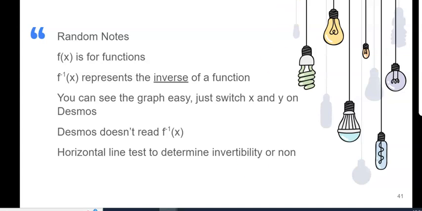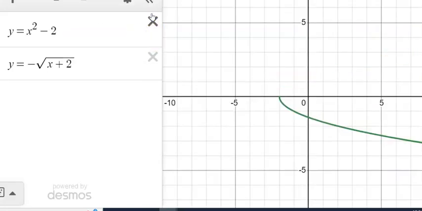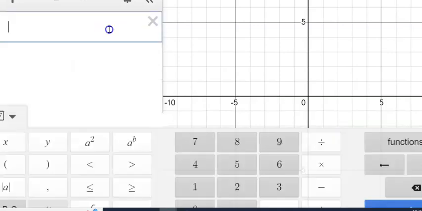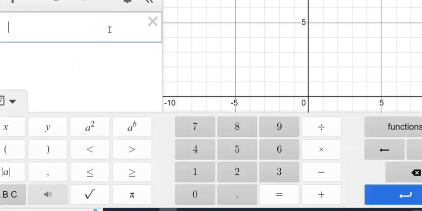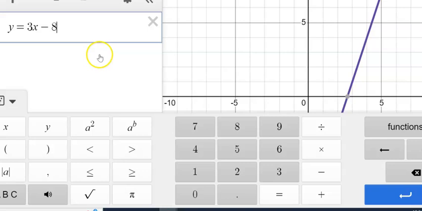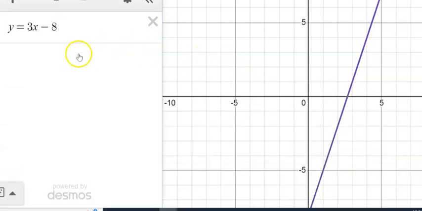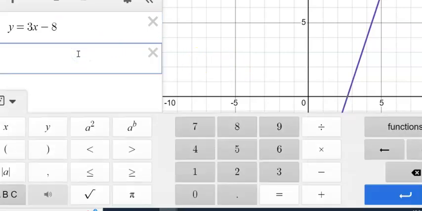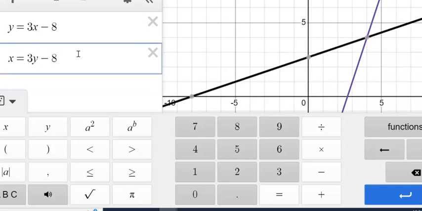So let me show you one other thing about Desmos. Let's say you're dealing with the function y equals 3x minus 8. If you want to see the actual inverse, and not necessarily do the work to find the inverse, but you want to see what the graph looks like, and I said this in class, but I didn't show this in class. When you switch the x and the y, that is actually the inverse, but it doesn't have y by itself.